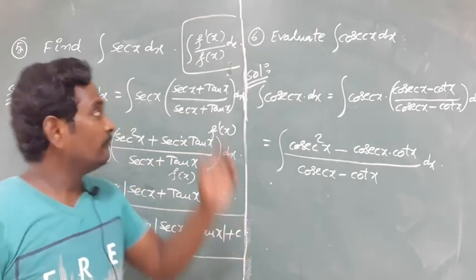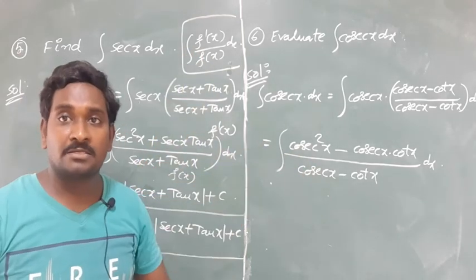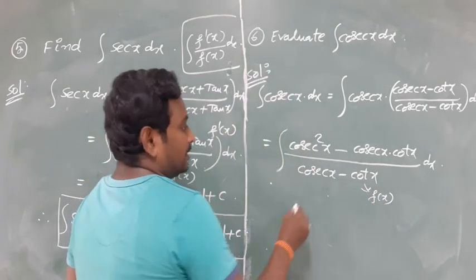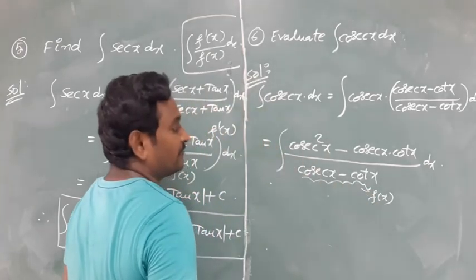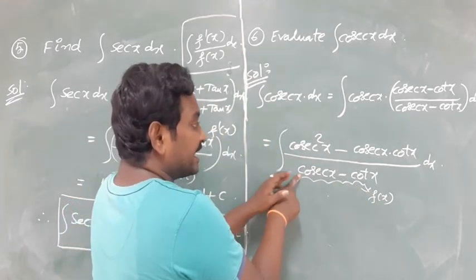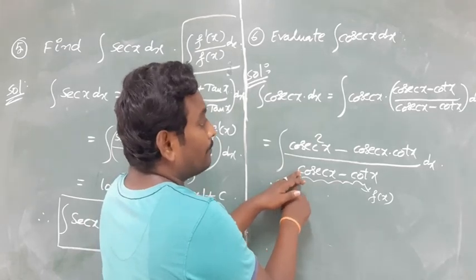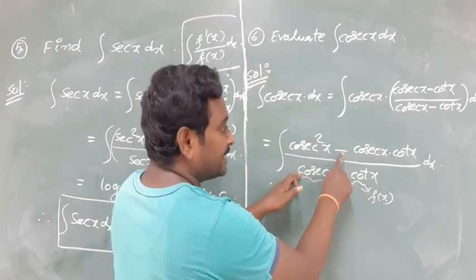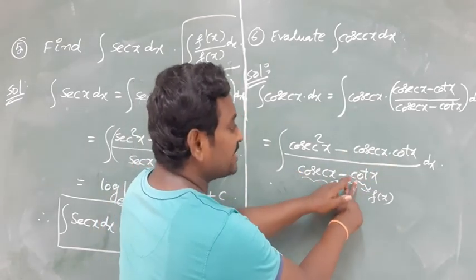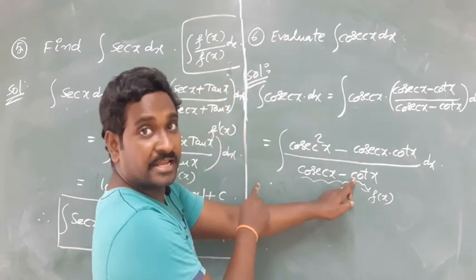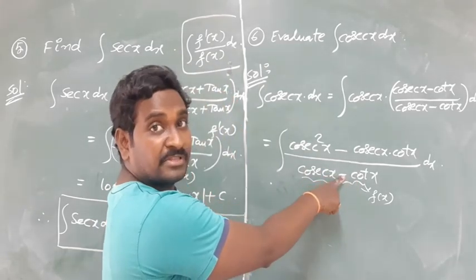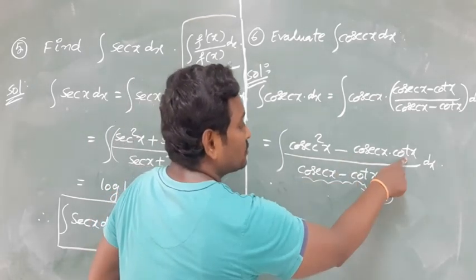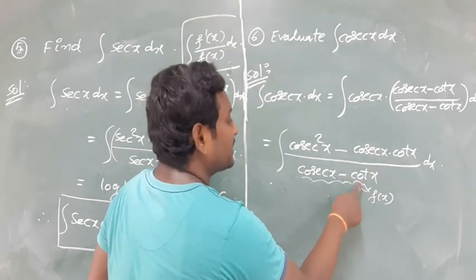Now again observe whether this formula is applicable to this problem or not. Take the entire denominator as f of x. The derivative of cosecant x is minus cosecant x into cot x, and the differentiation of cot x is minus cosecant square x. But already here we have a negative sign in between them, so minus of minus is plus. So the derivative of cosecant x is minus cosecant x into cot x, and the differentiation of minus cot x is cosecant square x.